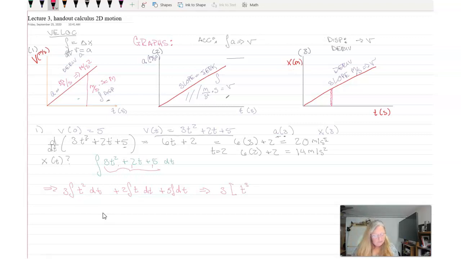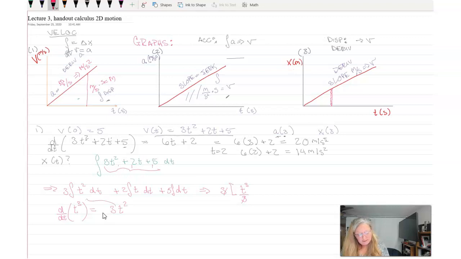Do I need to divide by 3? Let's just go ahead and get in the habit of doing that. I divide by 3, that's going to make that 3 cancel out. So I'm left with just t cubed. And now, if I take the derivative of that, what do I get? d by dt of this is going to give me the 3 coming down from the exponent, take 1 away from that, 3t squared.